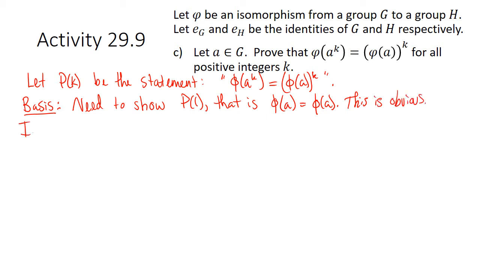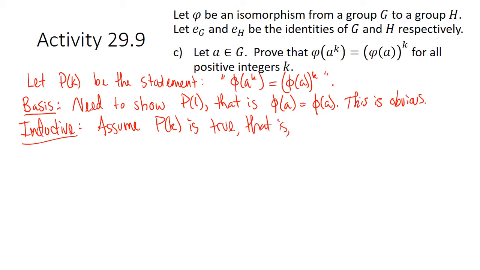Then for the inductive step, we're going to assume that P of K is true. I guess I should have done let P of N be the statement. Maybe I'll go back and change it. It's a little weird to use the same letter to mean different things.